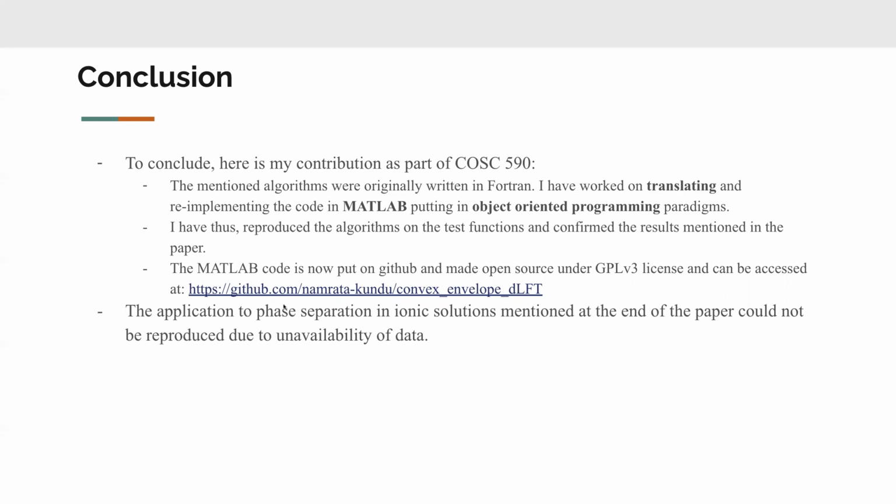And right now, the MATLAB code has been put on GitHub and is made open source under the GPL v3 license and can be accessed in this link. I would also like to mention that the paper also does an application of these algorithms to phase separation in ionic solutions, but those could not be reproduced due to unavailability of data.